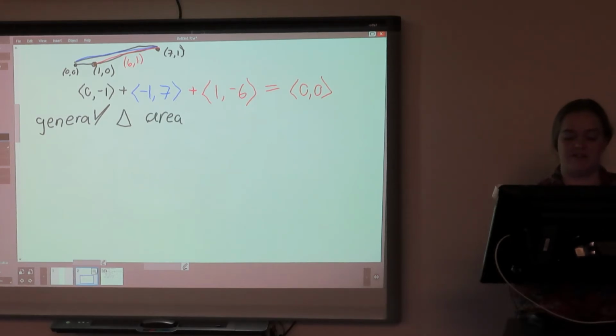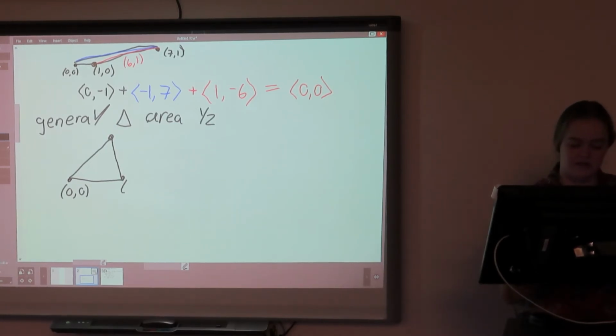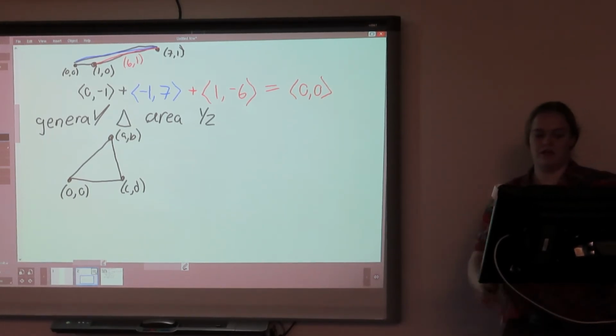That's area 1/2. Okay, well we can always have our first lattice point be at 0, 0. And now let's call our other general vertices C, D, and A, B. How do we know that this triangle is area 1/2?